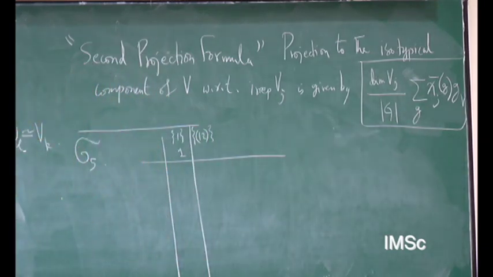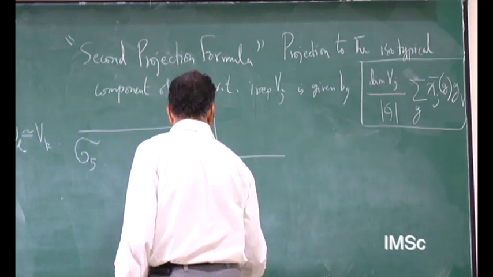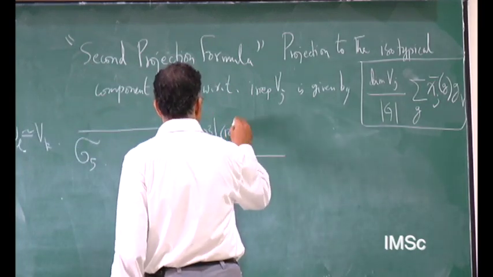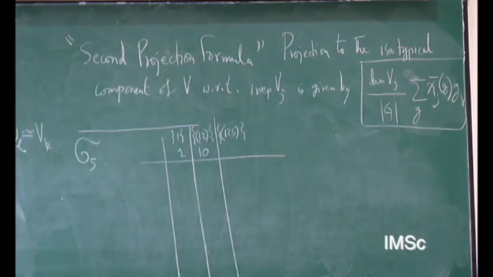What's the number there? 5C2 times 2 by 2. So what is that? 5C2 means how many? 10. Five into four into three by three. So tell me the number.